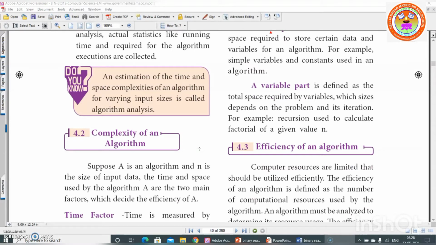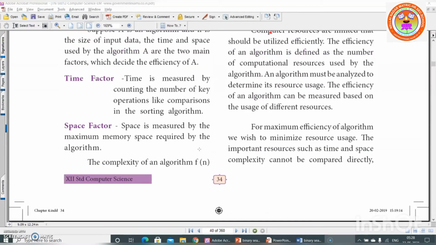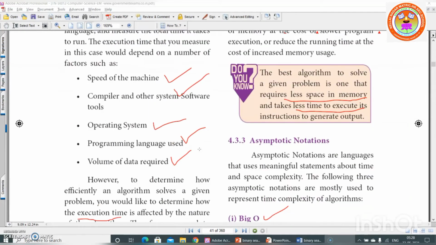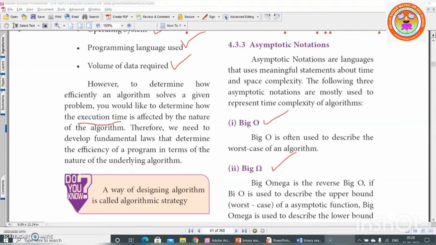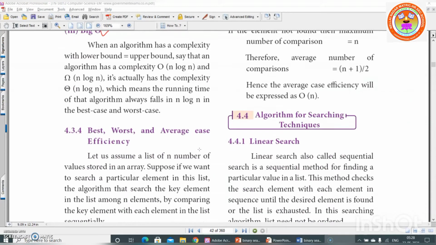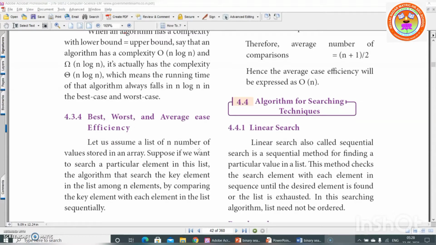In that only you learned about time complexity and space complexity, then efficiency of an algorithm, method for determining efficiency, and asymptotic notations: big O, big omega, and big theta, best, worst, and average cases, right? And algorithm for searching techniques.